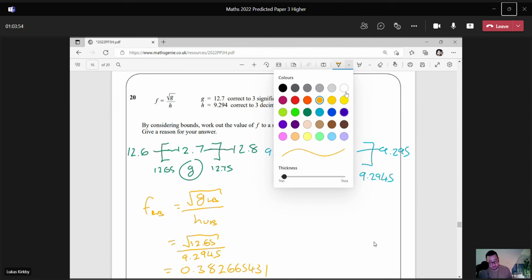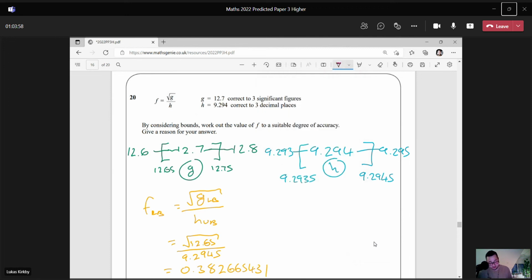Okay, now let's have a look at the upper bound of F. So let me grab a different colour that we've not used yet. Let's use this kind of grape colour. So F upper bound. Well, that's going to be highest when G is highest, so G upper bound, and when H is lowest, because you're dividing by a smaller number, so H lower bound. So that's going to be the square root of 12.75 for the upper bound of G, and the lower bound of H is 9.2935.